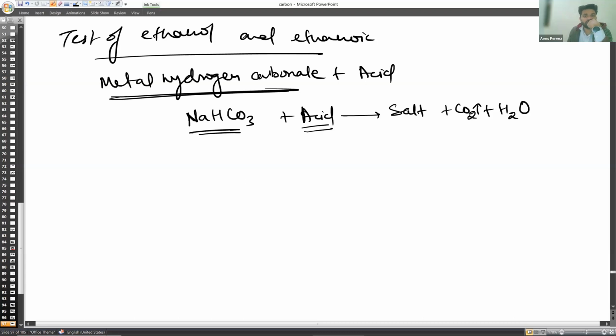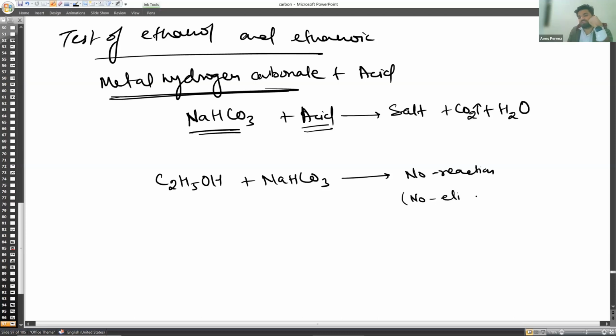Are you getting this one? Similarly, if we have ethanol, C2H5OH, and we add baking soda to it, no reaction will take place, no evolution of CO2.